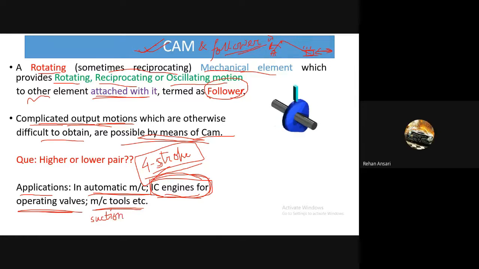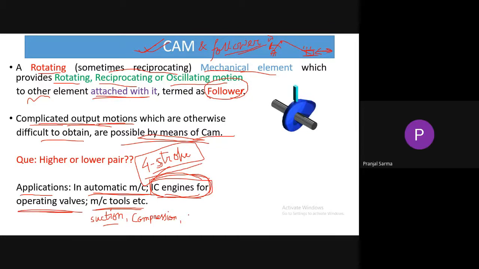Intake, sir. Intake, or suction. Then compression, then combustion, and exhaust.